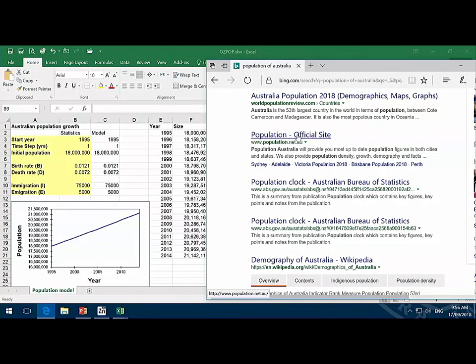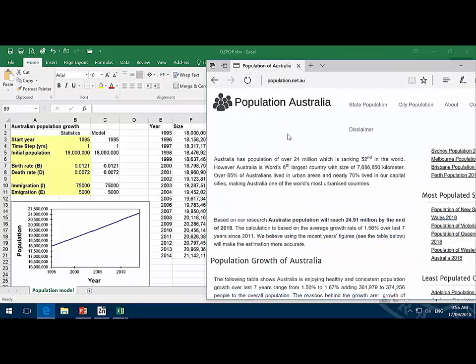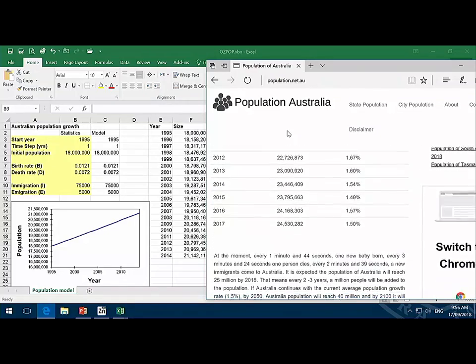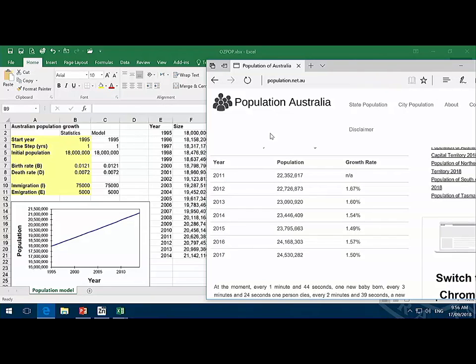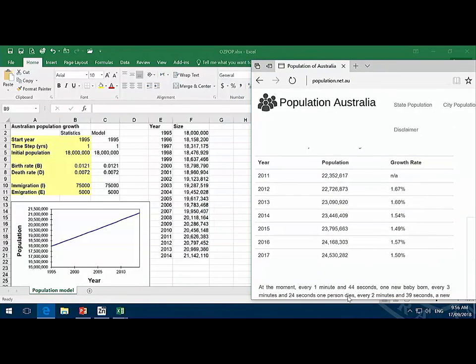Population, official site, population clock. Oh, let's have a look at this. All right, so we can see some actual numbers. How do we tick up against those? So 2014, we said 23 million. Okay, so we're behind.